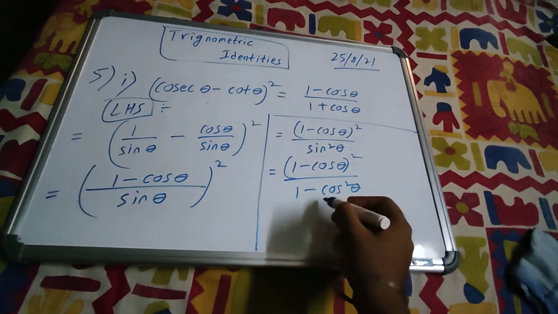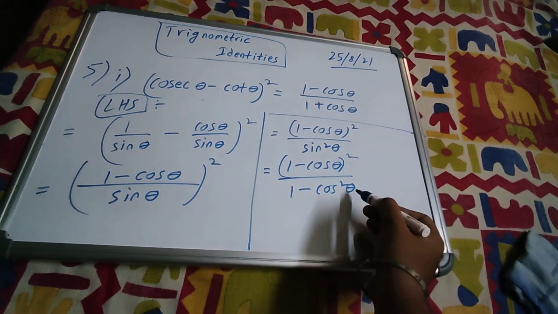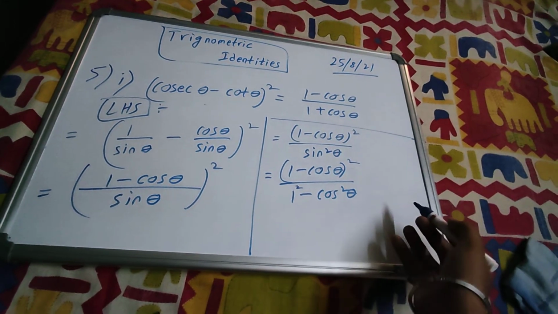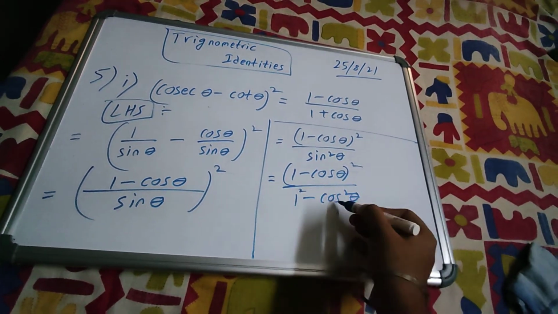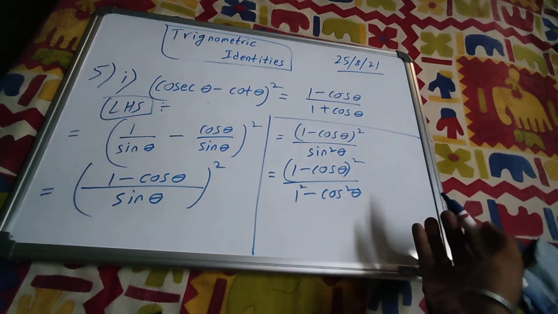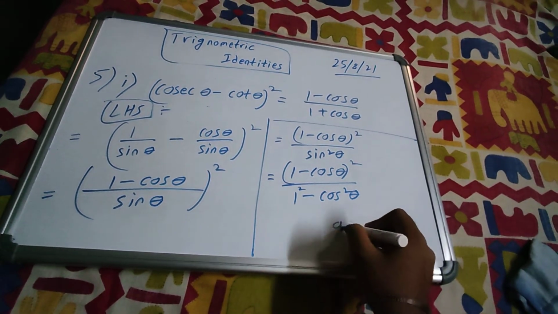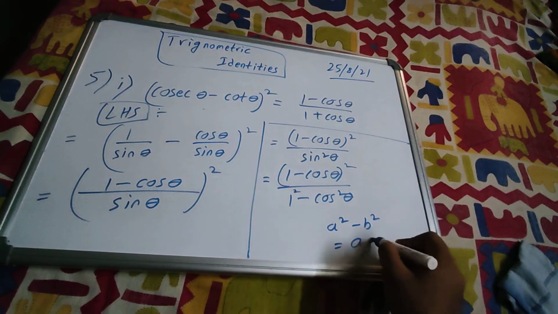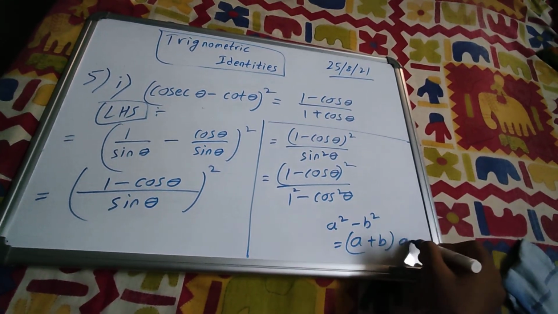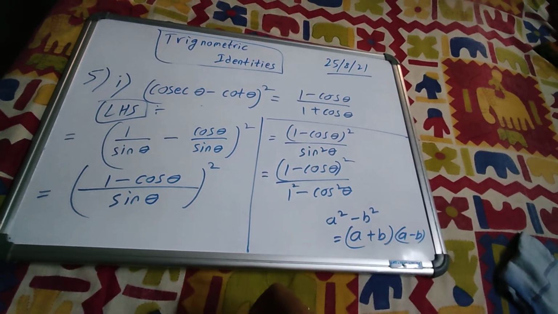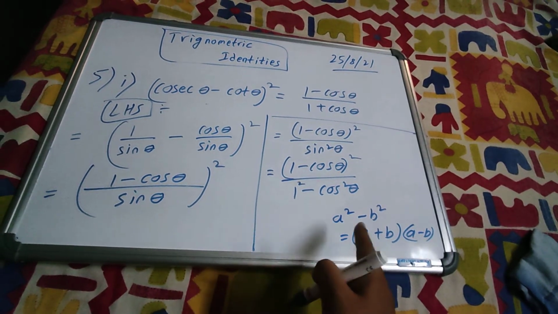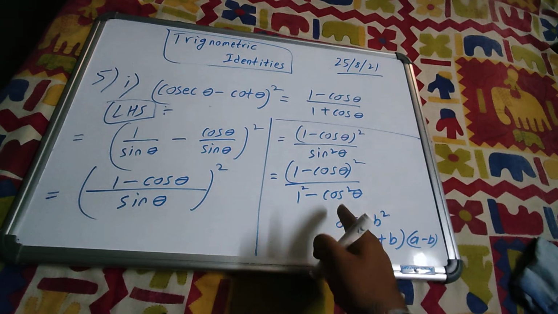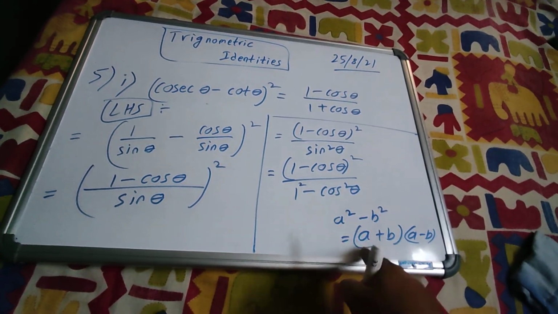Now notice one thing: this is cos square theta and this is 1. So 1 can be written as 1 square, and cos square theta means cos theta whole square. So you can notice that the new denominator is in the form a square minus b square, and in algebra you know this formula: a square minus b square is a plus b into a minus b.